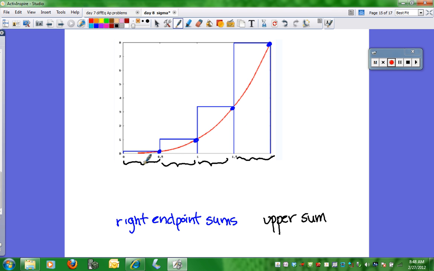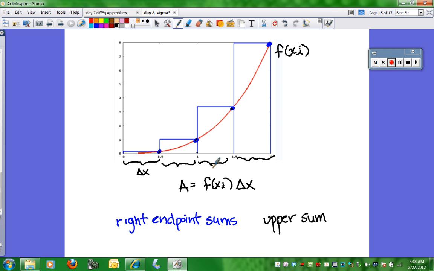So we're going to call this width delta x. And we're going to call each one of these blue points on the right endpoint f of x sub i. That just means the y value at each one of these x values. We can call the width delta x sub i if we really wanted to. So the area was f of x sub i, the y value, the length of each rectangle, multiplied by delta x, the width.